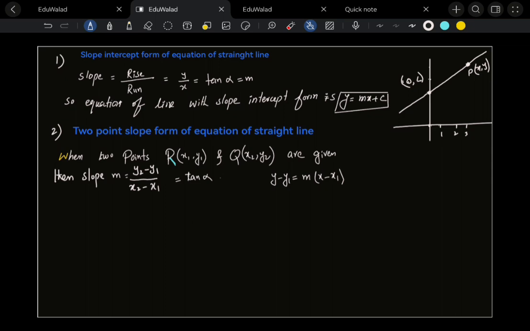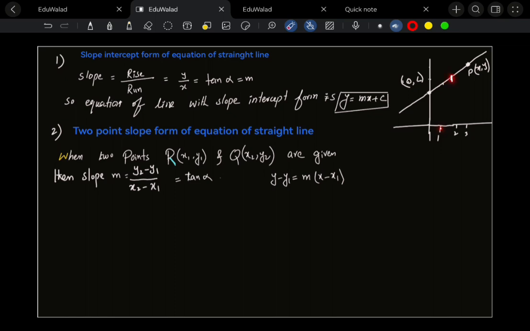When we move to point 1, if we want to go upward to c plus 1, then we need to run 1 along the x-axis as well.